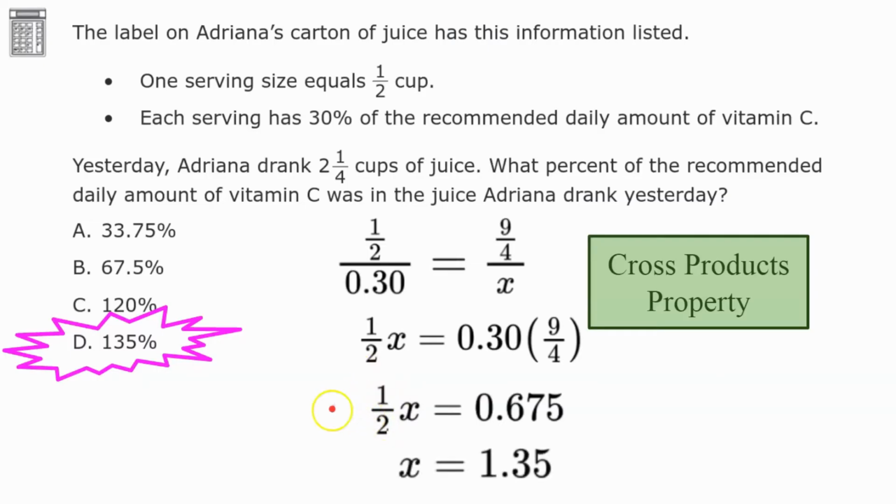If I multiply both sides by 2, 2 times 1/2 is 1x, or x, and 0.675 times 2 is 1.35. One last step, write this as a percent. Move the decimal 2 spaces to the right, and you get 135%. So yesterday, she had 135% of her daily recommended vitamin C in her glass of juice.